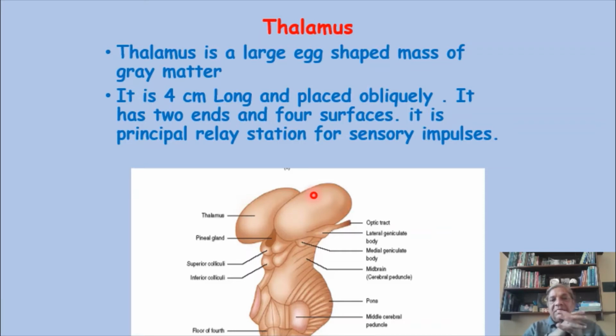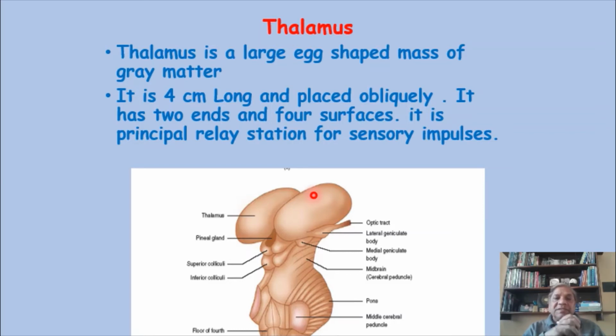These are gray masses. The thalamus is a collection of neurons, made up of various nuclei, as we will see after a few slides. These nuclei are collections of gray mass. They are the relay station for sensory impulses, so the main function of the thalamus is to act as a relay station for sensory impulses.